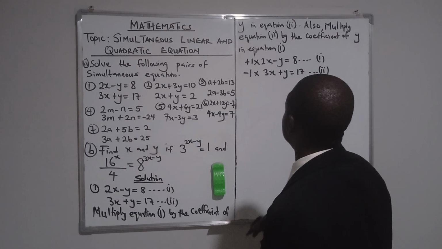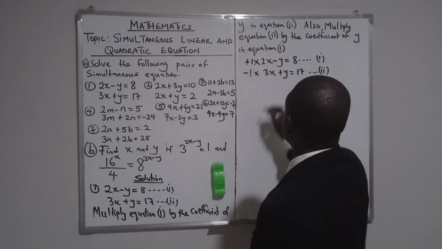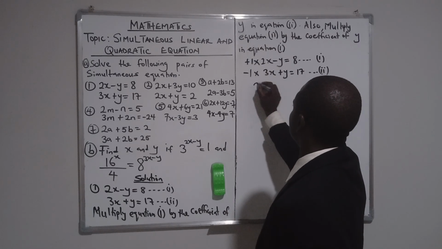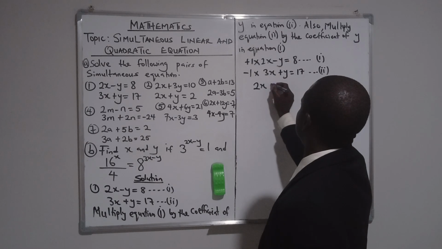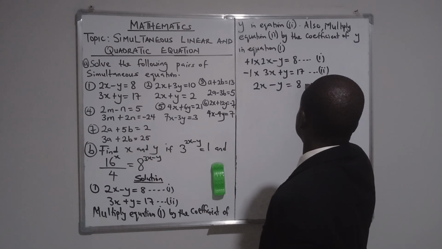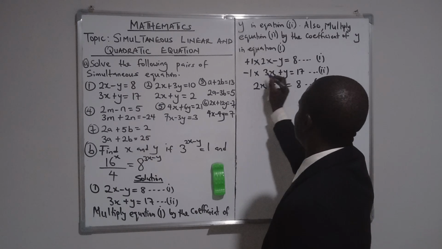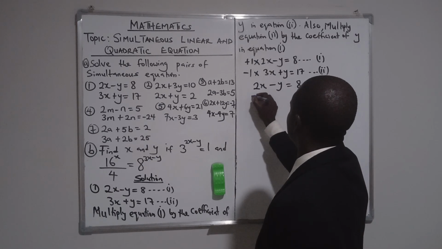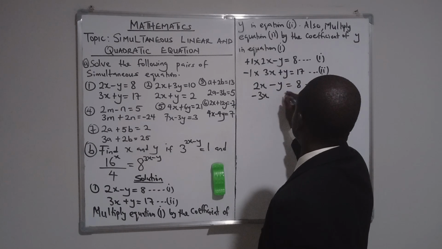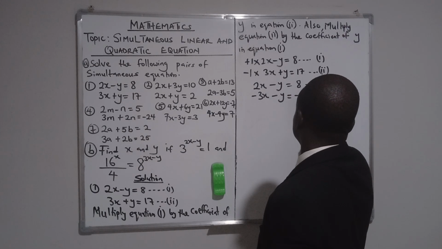Just be careful when you're solving this simultaneous equation so that you don't make mistakes. 1 times 2x is 2x minus y equals 8. That's equation 3. Minus 1 times 3x is minus 3x, minus times positive is minus y, equals minus 17. Equation 4.